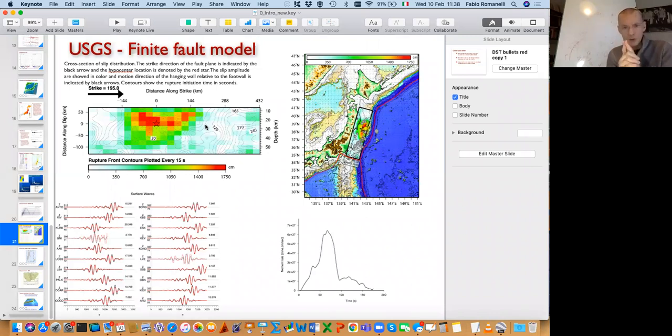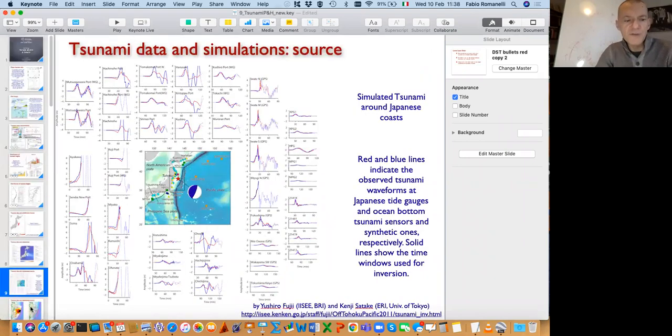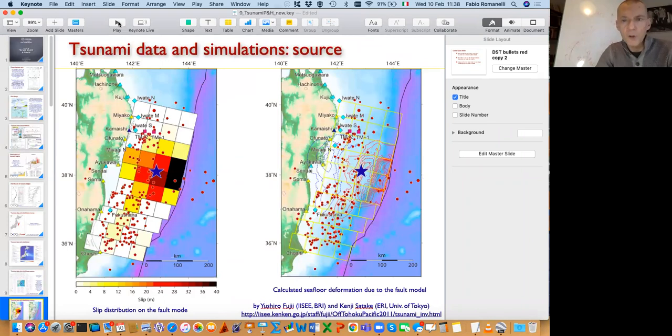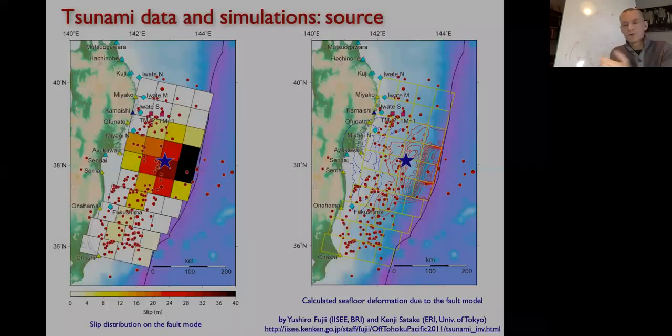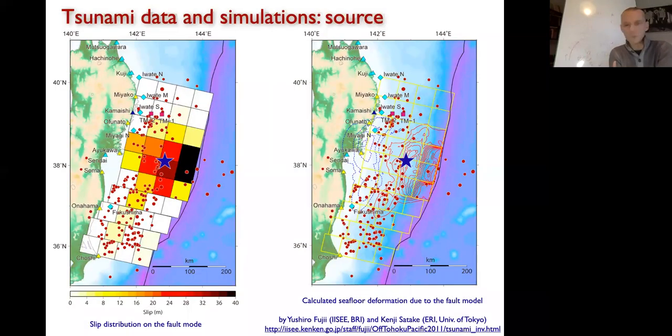Now, if you use other waveforms that are much longer, like the tsunami ones, the image that you can get is the following. And this was the message that I was trying to give to you. You can do an inversion for the slip on the fault also using tsunami signals. And the pixels that you get are large.